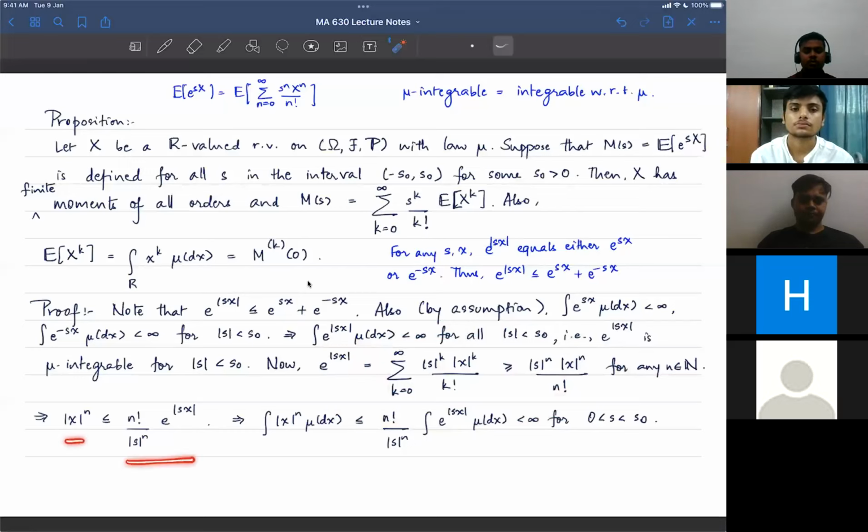So the integral of mod x to the n d mu is less than or equal to n factorial over mod S to the n times the integral of e to the mod Sx d mu, which is finite. We have shown that this is finite, and these are just some numbers. So what we have shown is that this integral is finite for 0 less than S less than S0. Are you guys with me?